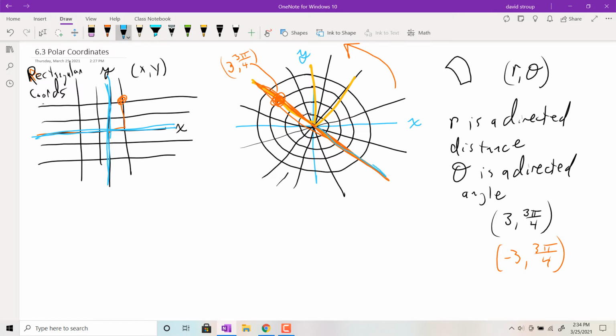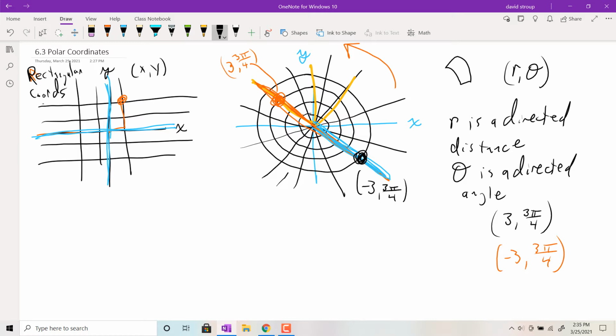There's the red side, which is positive, and the blue side, which is negative. So for (-3, 3 pi over 4), how do I get to that? I rotate 3 pi over 4 and then count backwards 1, 2, 3, and that's this new point, (-3, 3 pi over 4).